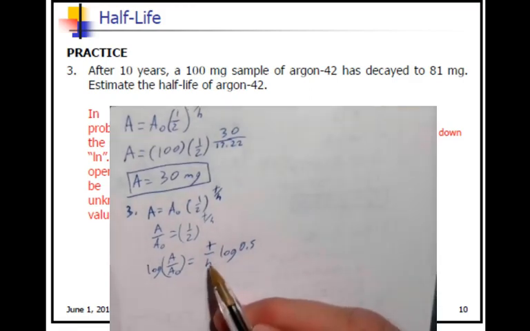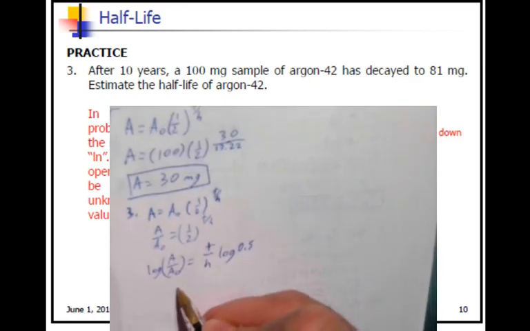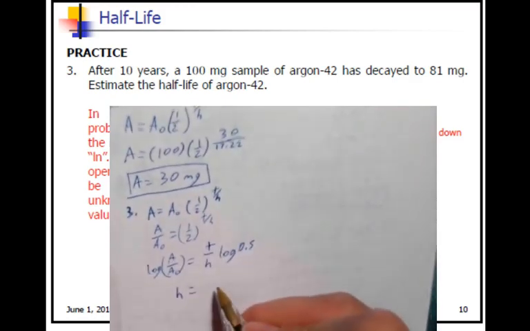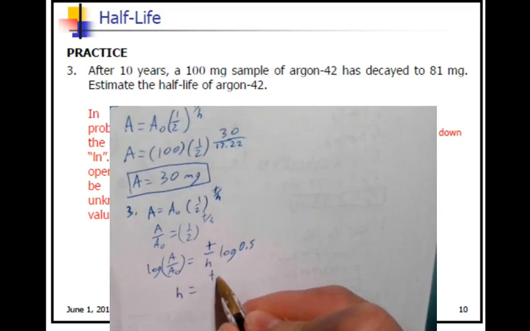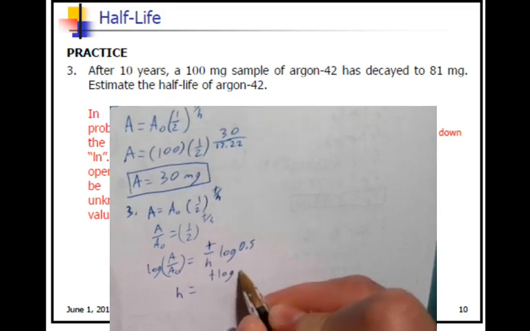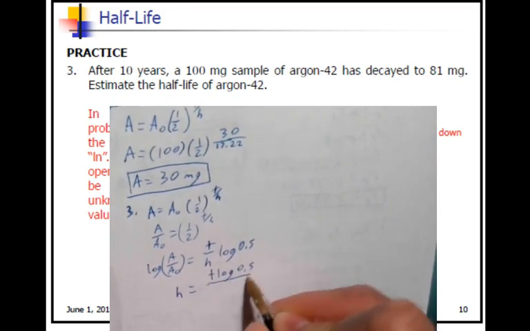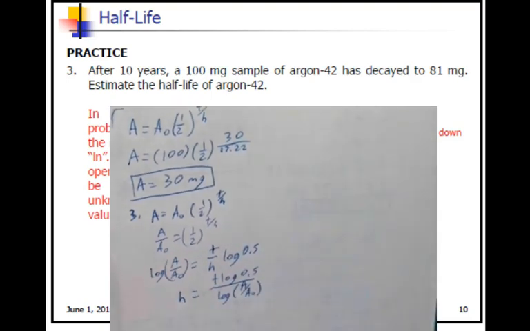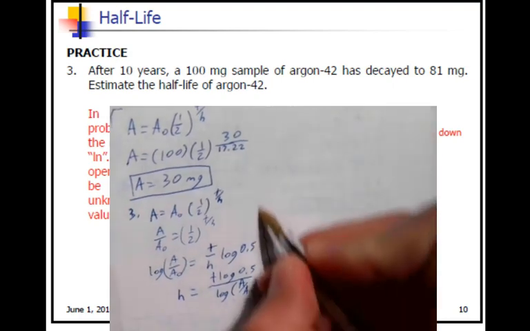Next, I have to get the H by itself, so I will multiply the H onto the left side, and I will divide this by log of A over A naught. And lastly, let's just move this up here.